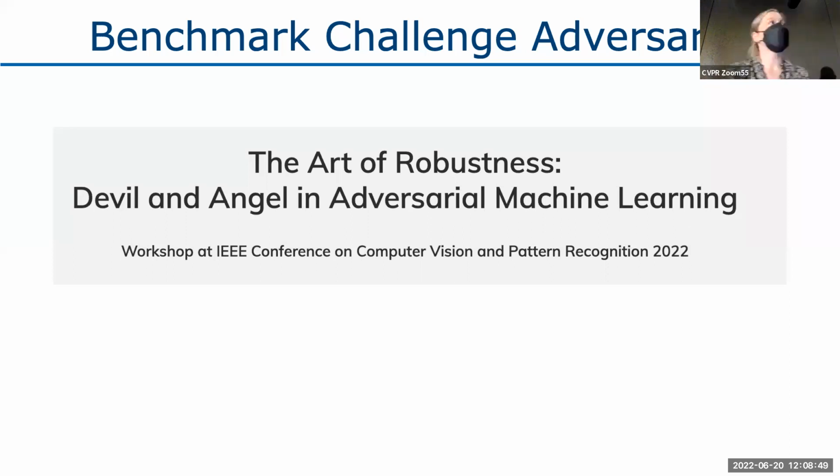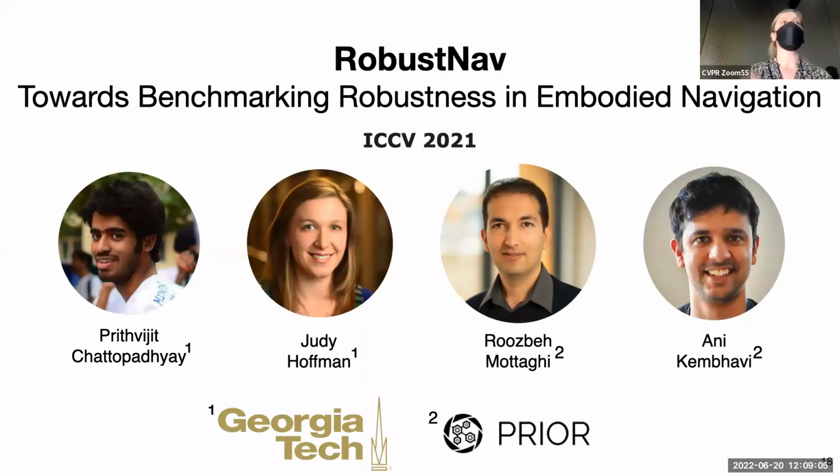A lot of these works that I showed so far focus on tasks like classification or more broadly just visual recognition. But visual recognition tools are also used as part of a larger pipeline. So one work that I want to highlight briefly is a benchmark to understand how corruptions to the input of your visual space, when included as part of an embodied agent pipeline, can reduce the performance.